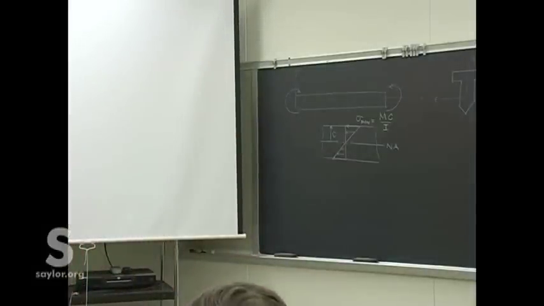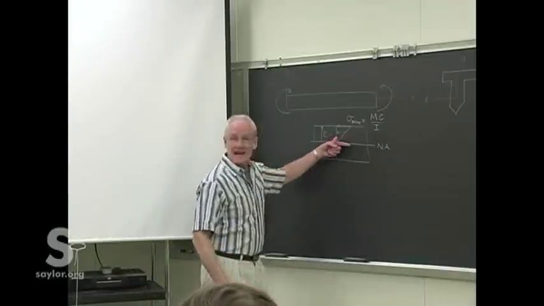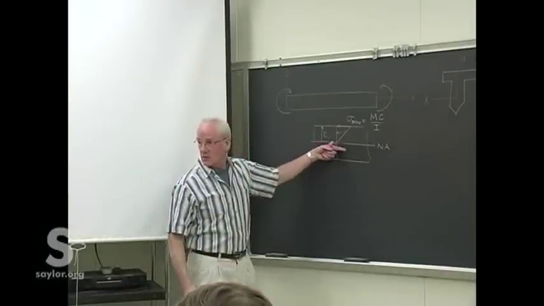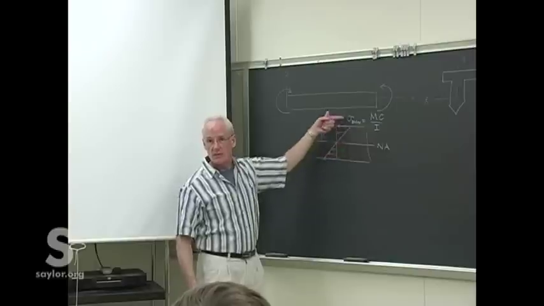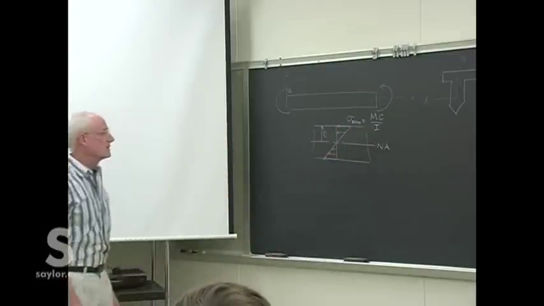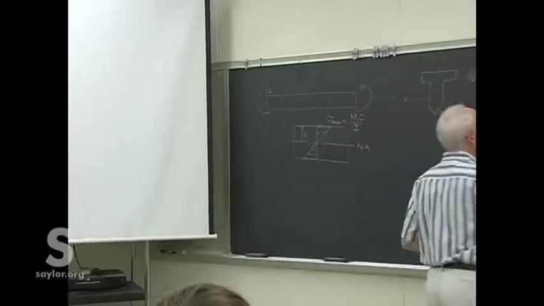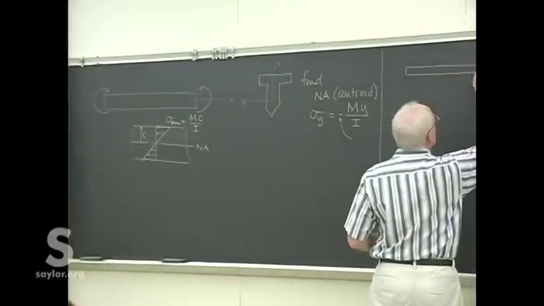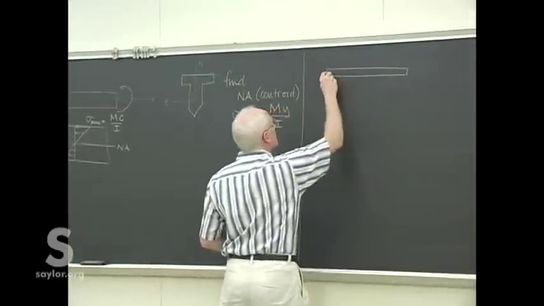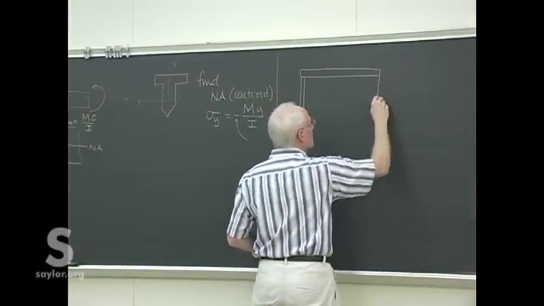For some reason they picked that to represent the maximum distance from the neutral axis. And remember, this neutral axis might not be right in the middle, so the greater distance might be below the neutral axis rather than above. It depends on where the neutral axis falls. Depends upon what the cross-section looks like. So we'll remind ourselves how to find that neutral axis, because we're going to need that with what we're doing next.